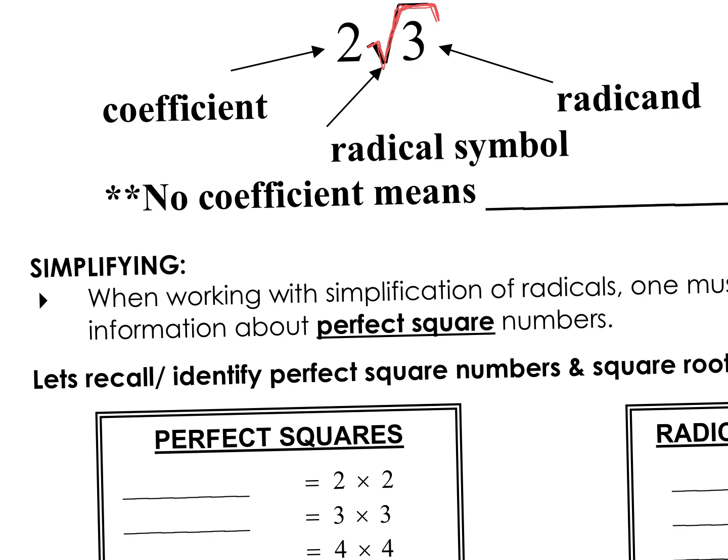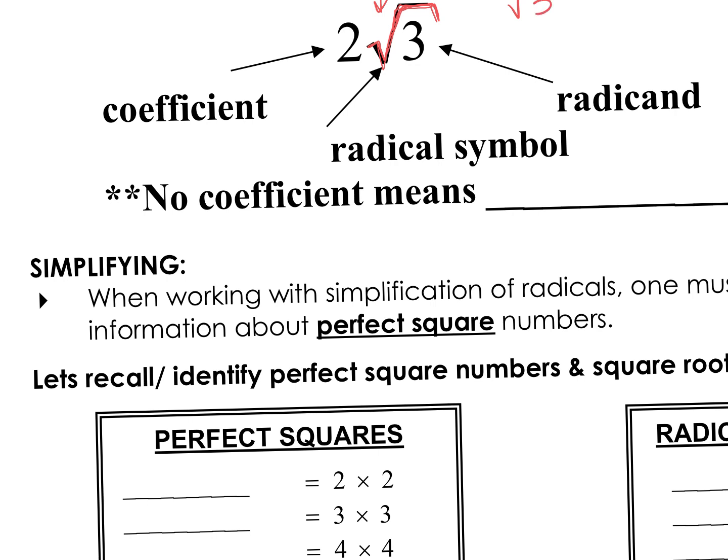Now with the radical symbol, when there isn't a number written up here, then it implies that it's a square root. You could also write it like this, representing a square root.